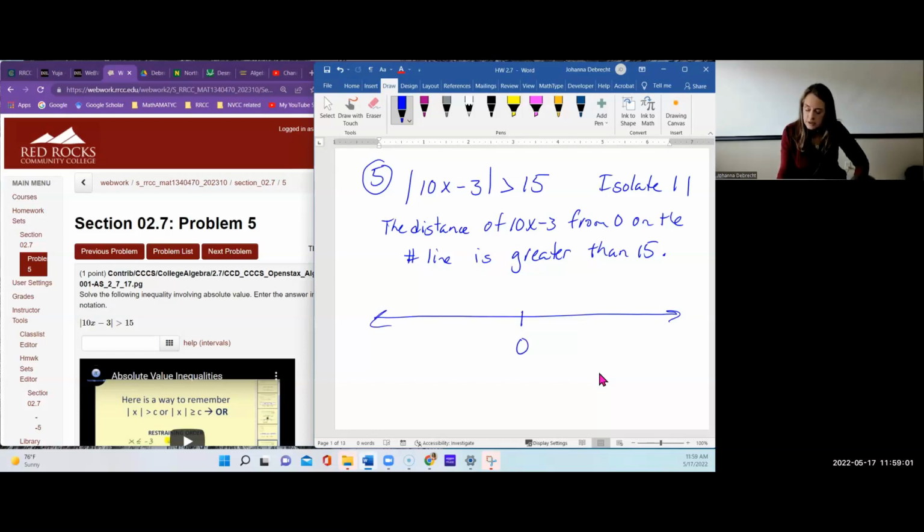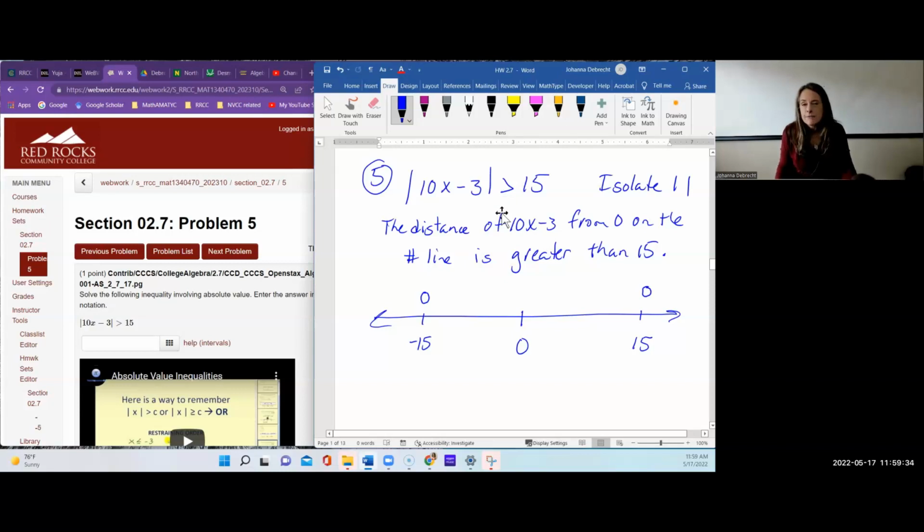Now, if the distance is greater than 15, how could I be 15 steps away from 0? Well, I could be at 2 different numbers. I could be at positive 15 here or at negative 15 here. But it said the distance is greater. So how can I be further away than 15? Well, if I can't be 15, I've got to have an empty circle at 15 or an empty circle at negative 15 because it doesn't have an or equal to in the problem right here.